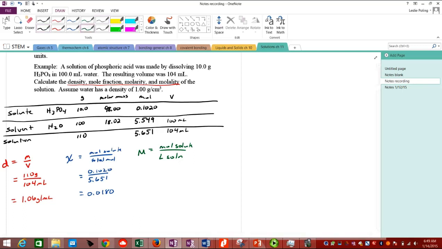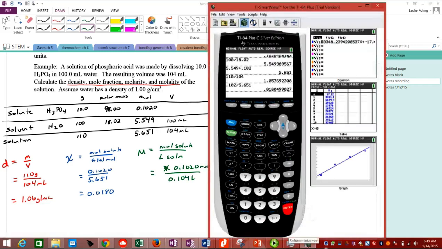We don't actually need that, but to keep our chart. Okay, so our moles of solute is the 0.102. Liters of solution would be 0.104 liters. You can see that this is going to come out pretty close to 1 since we have 0.102 divided by 0.104. So we get 0.981.